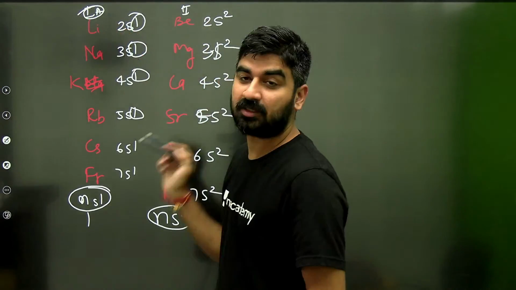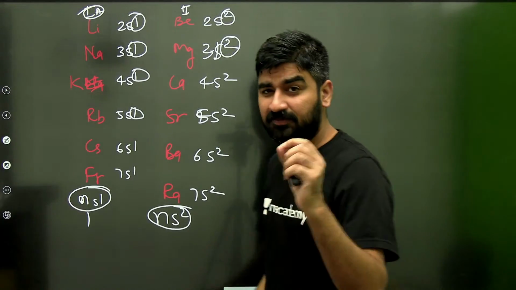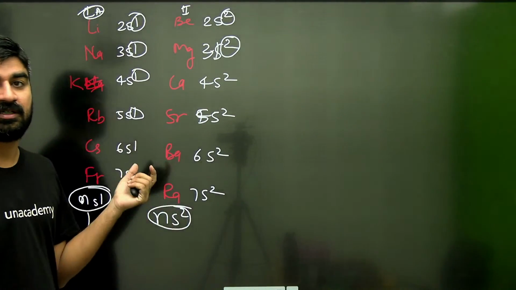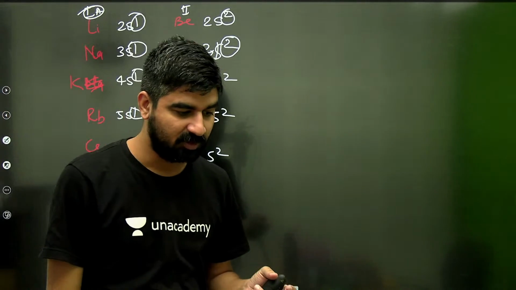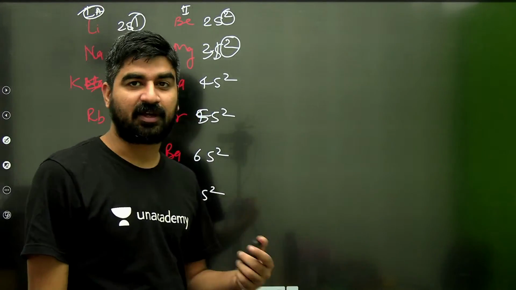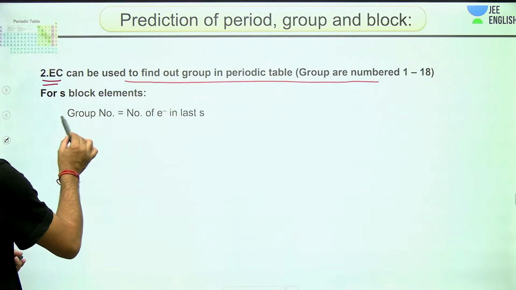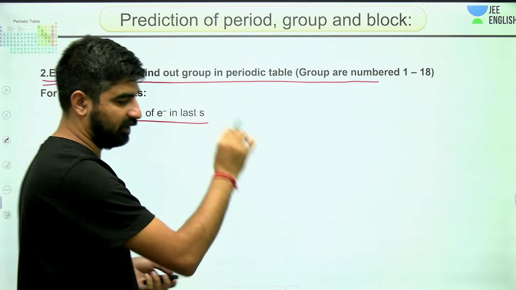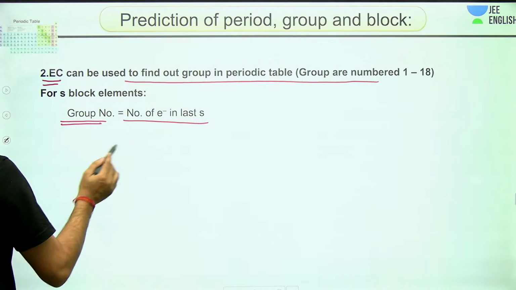Its period number is 1. So what I want to say here, guys, is the number of electrons in the s orbital. So if an element is an s block element, the number of electrons present in the s orbital will be its group number. Only for s I'm telling you. Coordination we will take during the 11th, or I will arrange some lectures for that definitely. So guys, here you can write group number will be equal to the number of electrons in the last s, right?